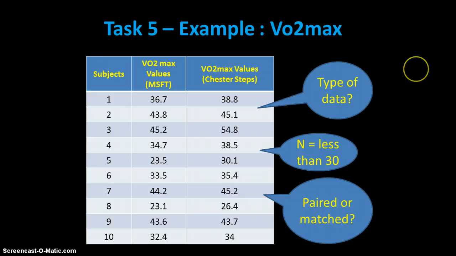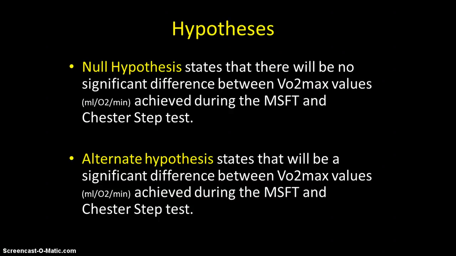So what type of data is it is an important question, and I'm hoping that you know that this is continuous data. We can identify that there's less than 30 subjects, and that because the same people did this test and then did this test, it's paired data. So that will help us in a minute determine which actual test to use.